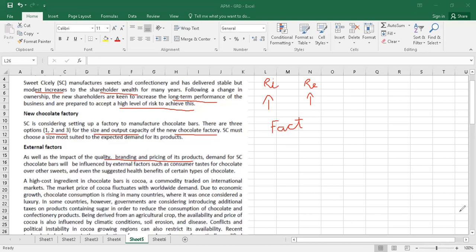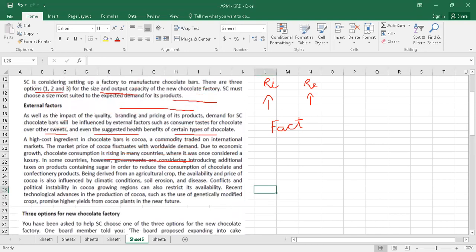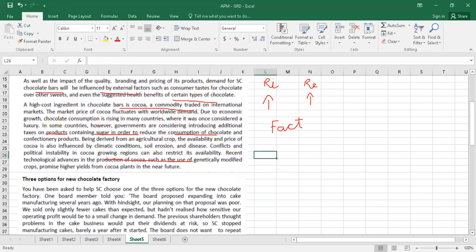A high-cost ingredient in chocolate bars is cocoa, a commodity traded on international markets. The market price of cocoa fluctuates with worldwide demand.